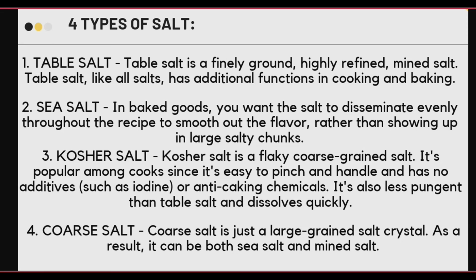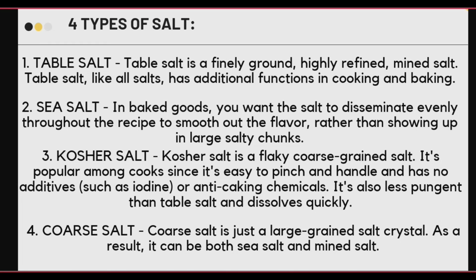Second, sea salt. In baked goods, you want the salt to disseminate evenly throughout the recipe to smooth out the flavor, rather than showing up in large salty chunks. Number three, kosher salt. Kosher salt is a flaky, coarse-grained salt.